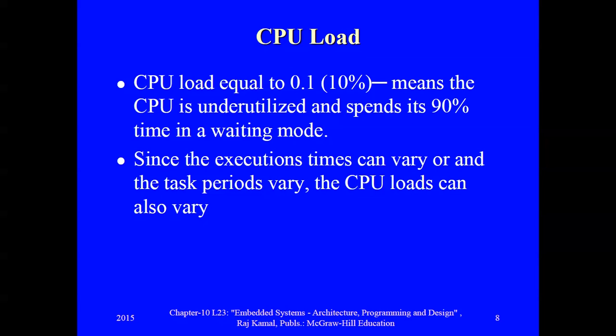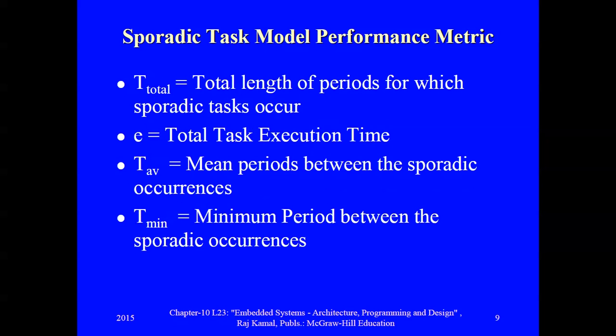If the CPU load equals 0.1, that means 10%, the CPU is underutilized and it spends 90% of its time in a waiting mode. If it is 1, that means 100%, the system is very efficient and doesn't need any waiting mode. Since the execution times can vary on different task periods, the CPU loads can also vary.